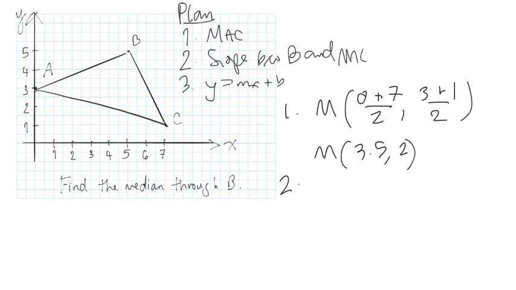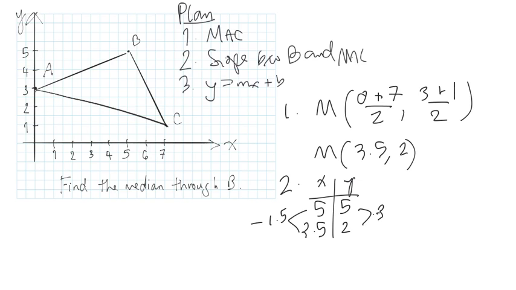Step 2, I need to find the slope between B and that point I just found. So do that in a t-chart. It's the easiest way to visualize it. So B is 5, 5, and my midpoint is 3.5, 2. This is a first difference of negative 1.5. This is a first difference of, excuse me, negative 3.